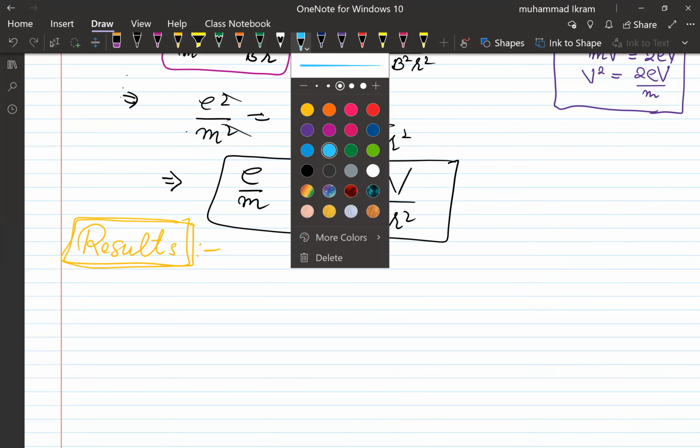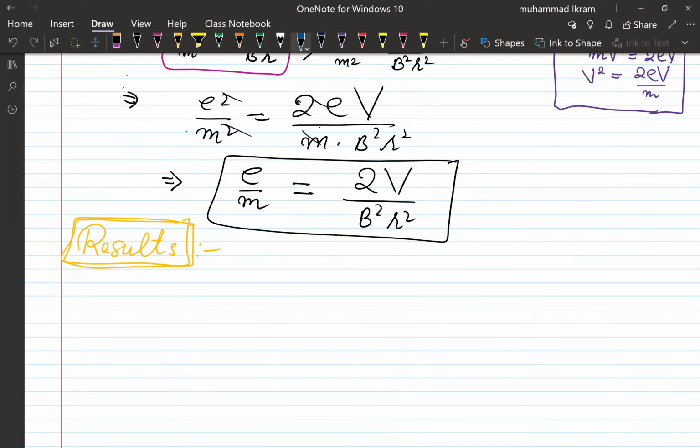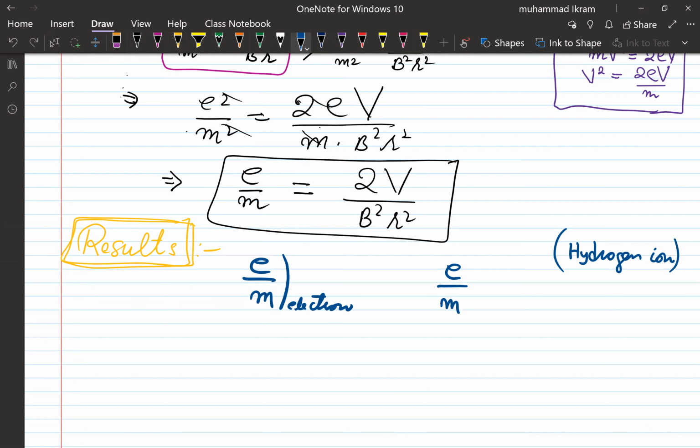If I calculate the E by M ratio for the electron, and then I calculate the E by M ratio for the hydrogen ion, and I write the result here, this is for the hydrogen ion.